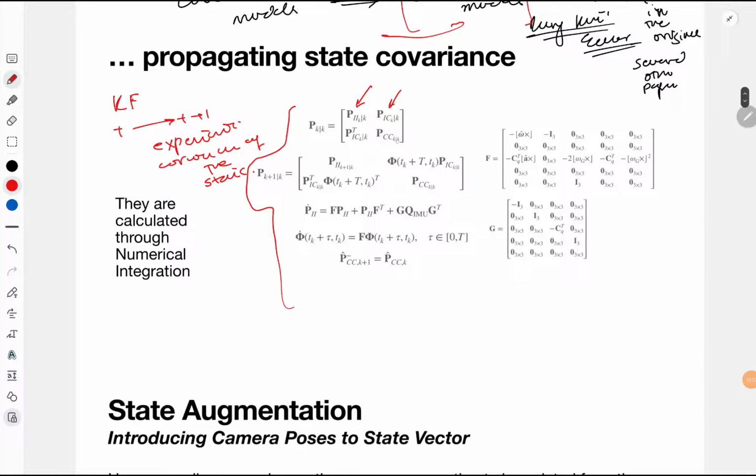This is the cross covariance between the IMU and the camera. This is the covariance of the camera. This is the predicted covariance. And so you first figure this out, and then when you're done with the update step, you will get this. So you would do this with the IMU measurements, and this is what you would get from the update step of the Kalman filter. These are the matrices that come from fitting together the entire measurement model. You can find these in the paper as well.